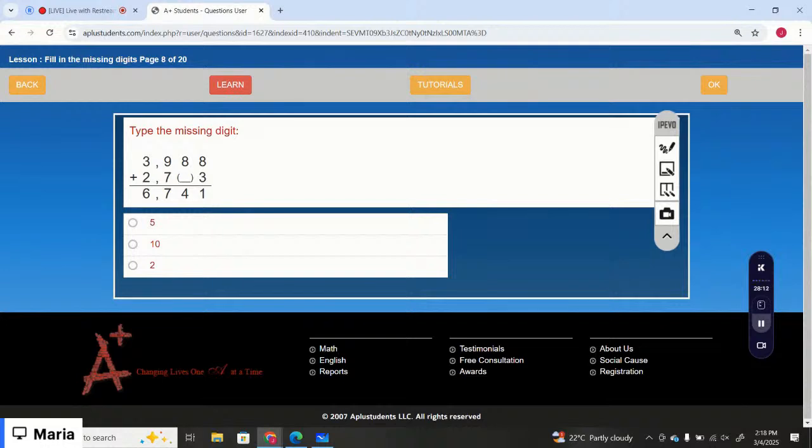Type the missing digit. Eight plus 3 is 11.